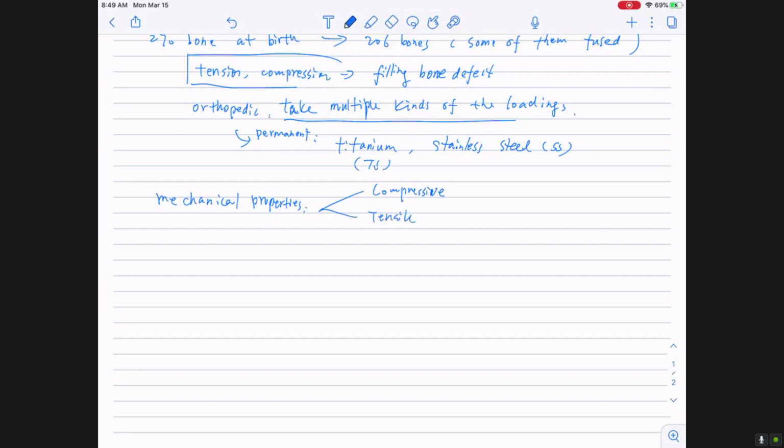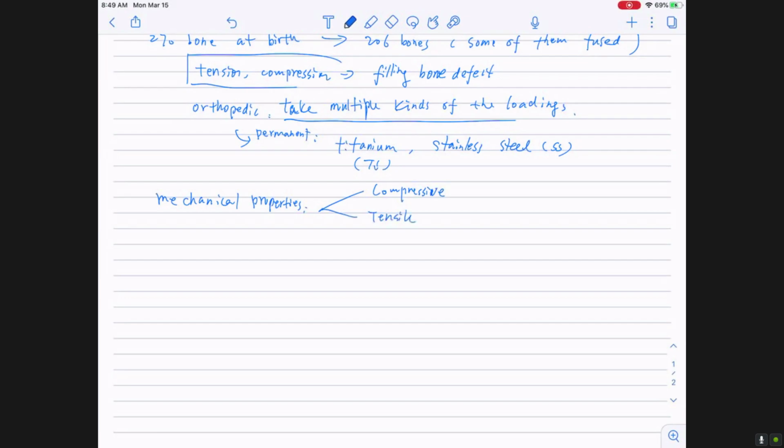For example, the long-term clinical success of the device.